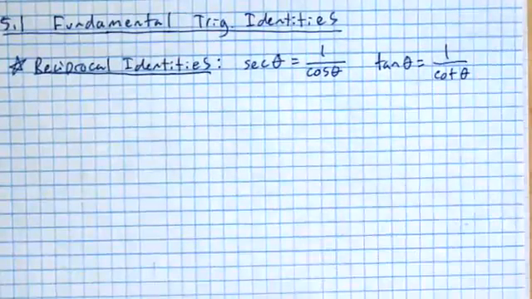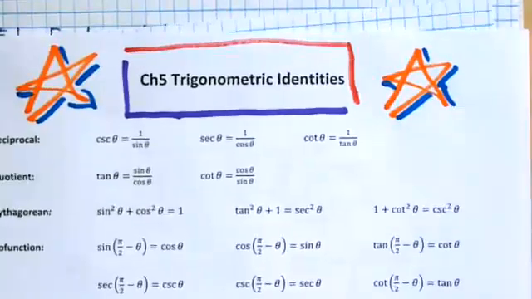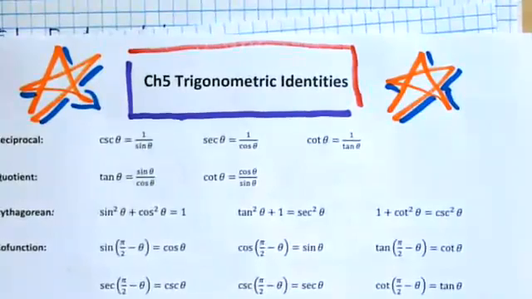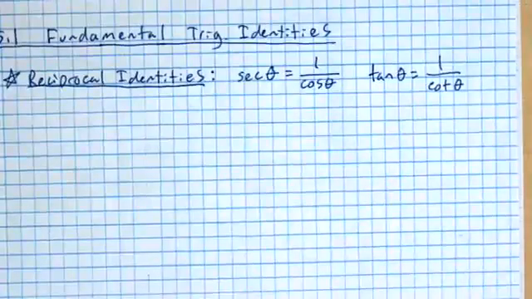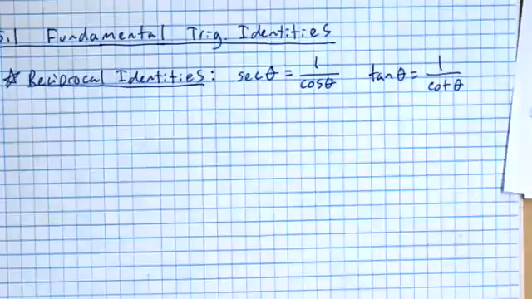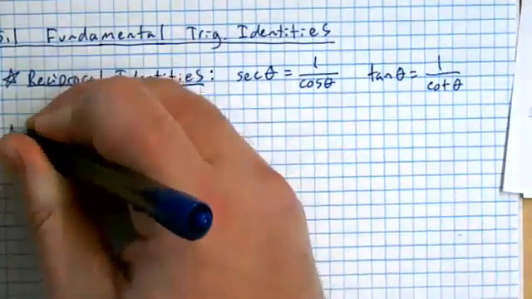So I only included the 3 big ones on your sheet, but I need you to be able to go like tangent, sine, and cosine with these also. I don't have much to say about the reciprocal identities. We'll be talking about some of the other important ones here in a sec. Let's just go ahead and move on.